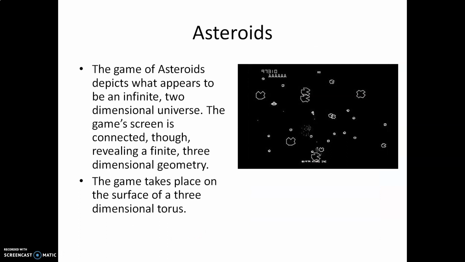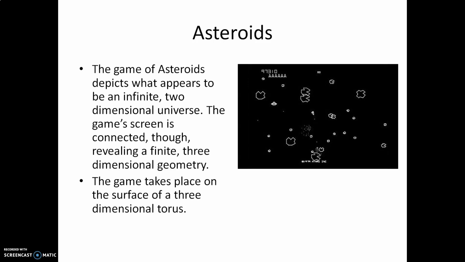Okay, and then applying general relativity to the universe as a whole. When you apply general relativity to the universe as a whole, it suggests that the universe has a finite geometry associated with it. I described this extensively in my lecture, but right here is a depiction of the old video game Asteroids.